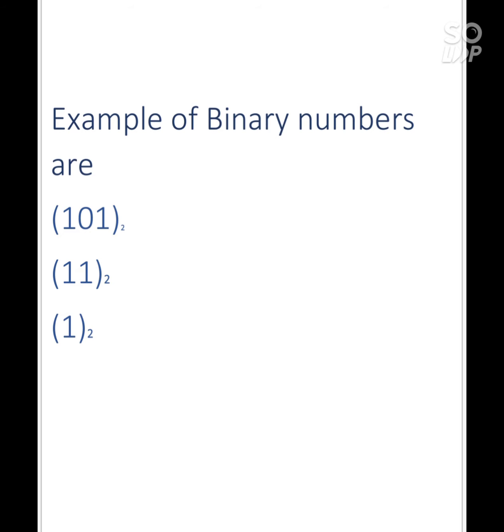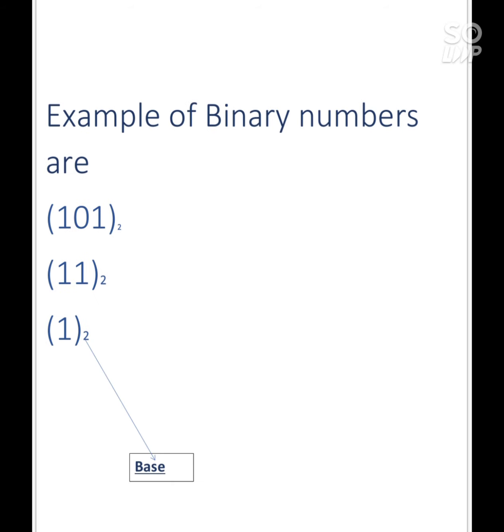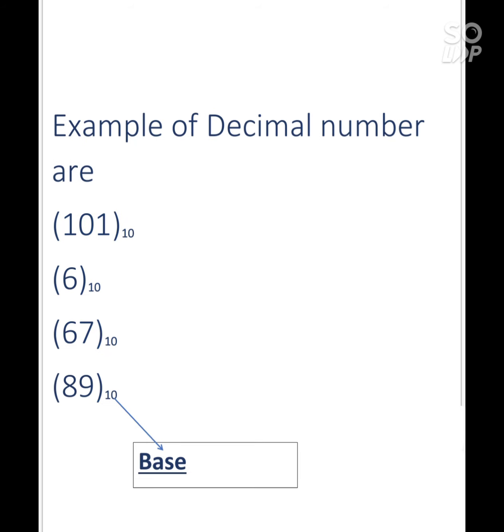Only 1 and 0 can be used in the creation of binary numbers. This 2 which I have written at the bottom of these numbers represents the base, so with the help of this 2, you can say that the number is a binary number. If I had written 10 in the corner, that would have represented a decimal number.